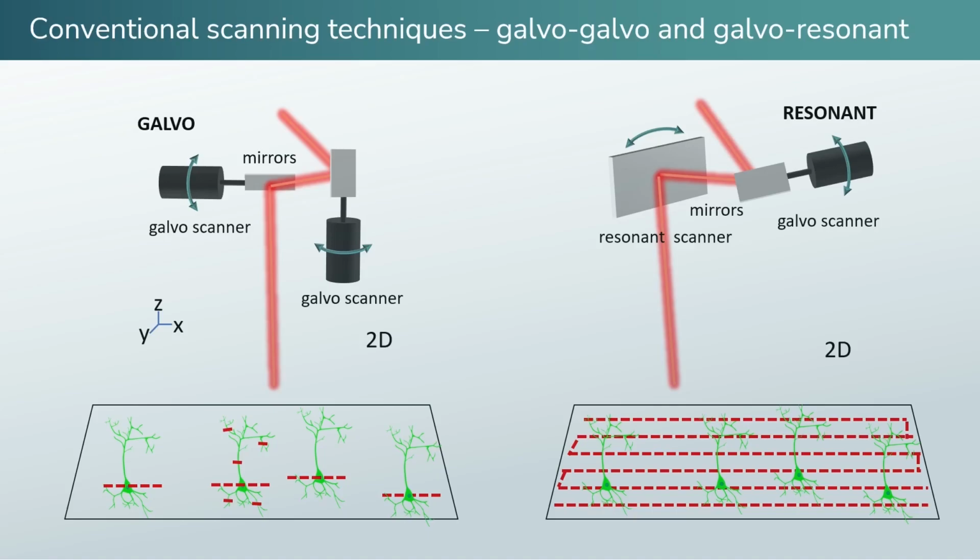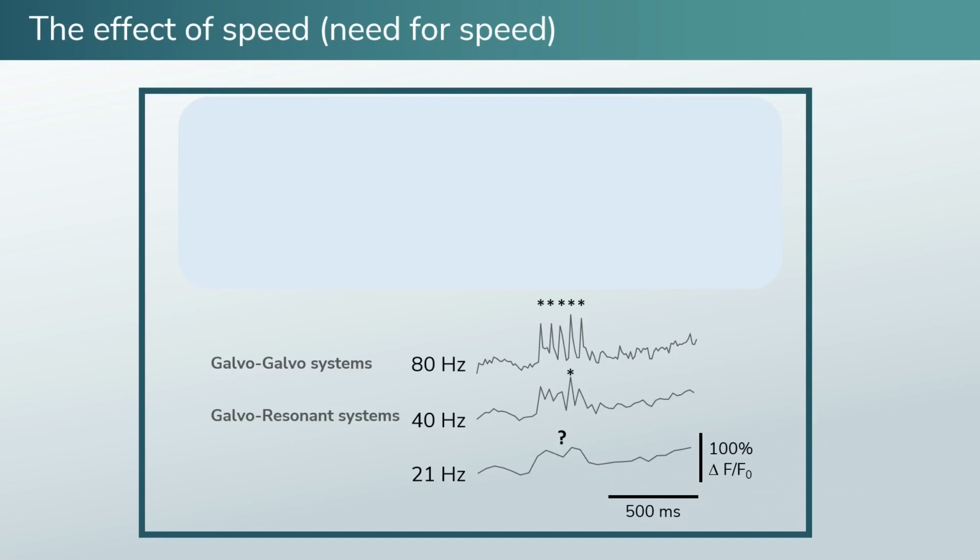As we demonstrate on these traces, these speeds are not enough to record the details of the voltage signal. Small wonder, they were designed to deal with calcium signals.